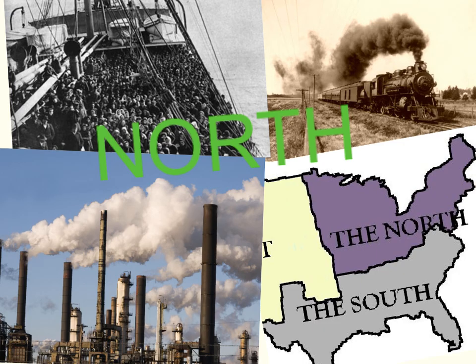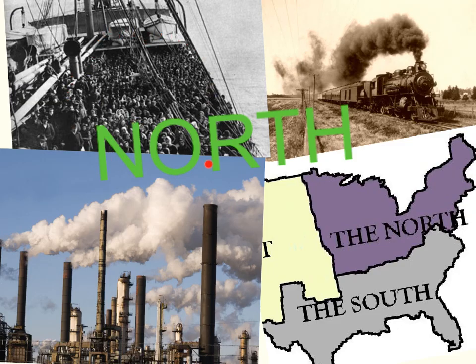The North, as you know, was very different, of course. The North has very few slaves, and instead of having a lot of agriculture, they relied primarily on factories. It had a lot of cities that were crowded and noisy, and the North is growing fast. Not growing fast because of slaves, but because of immigrants.